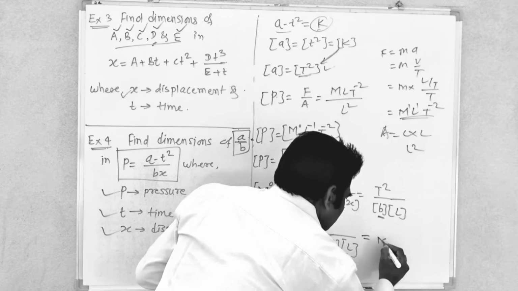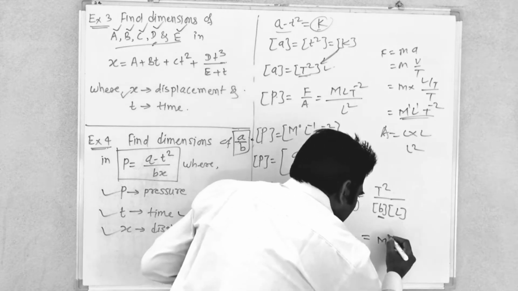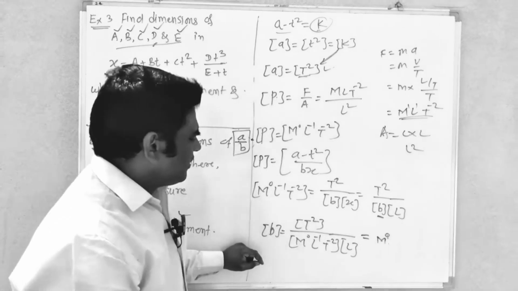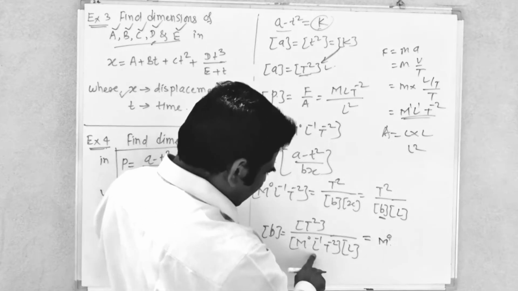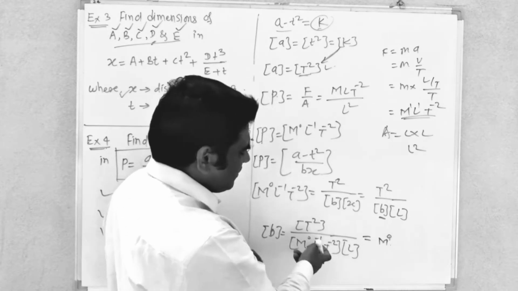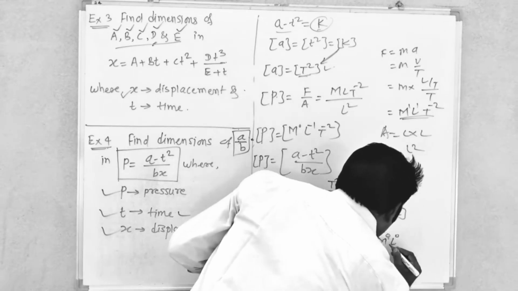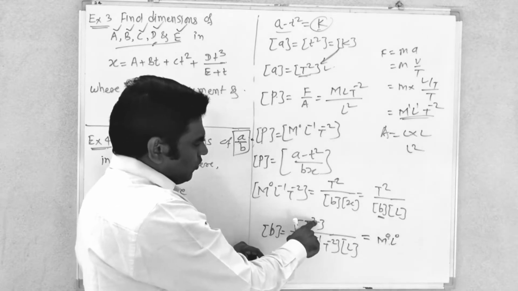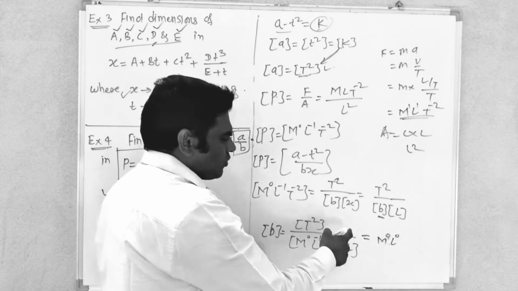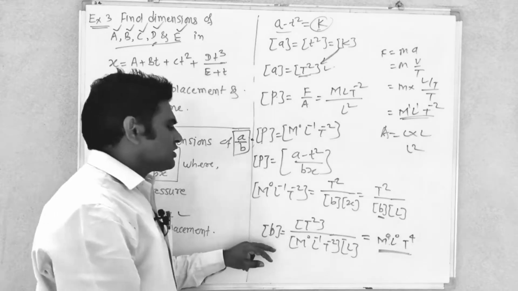M will remain 0. Now L, minus 1 plus 1, is 0. Now T, 2 minus 2, this will go up, so 2 plus 2, 4. So L0 T to the power 4. So these are the dimensions of B.